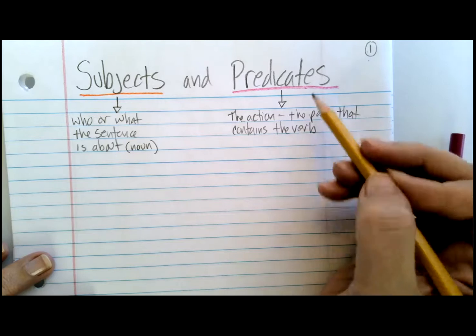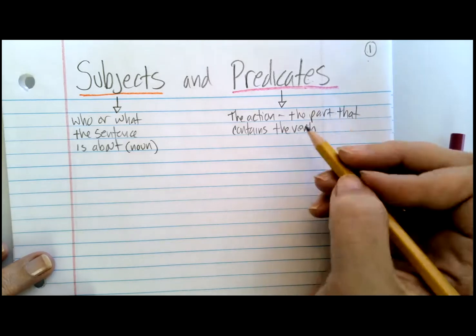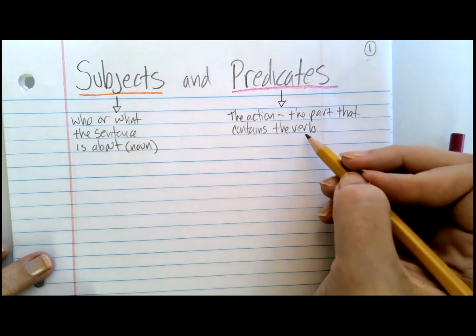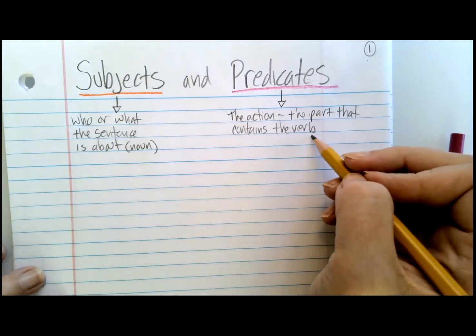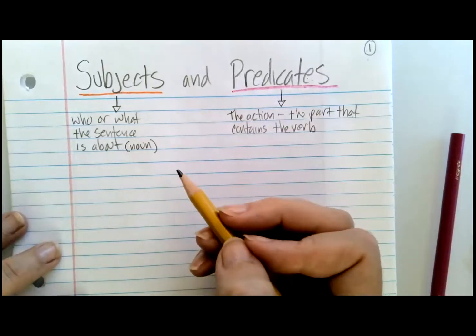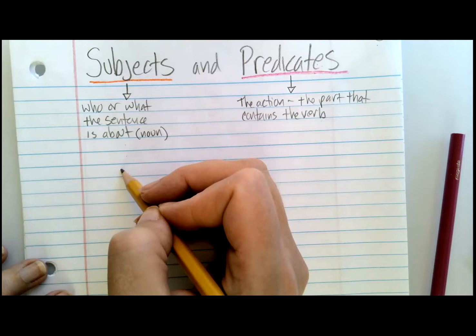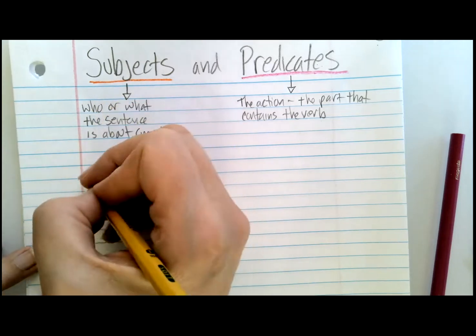So the predicate contains the action word. In fact, the simple predicate is the action word. It is the verb. Okay, so now come down a couple of lines. I'd like you to come down 2 lines, 1, 2. And then on your 3rd line down, write the following sentence. My family enjoys walking on mountain trails.